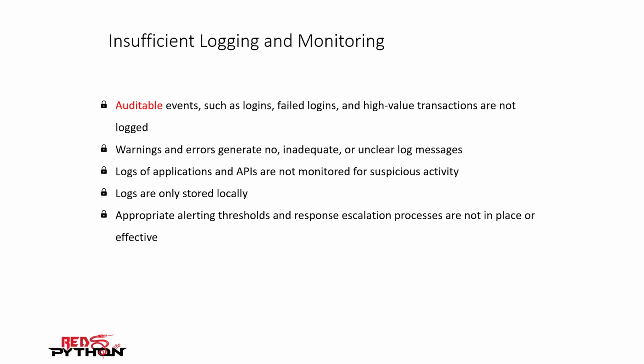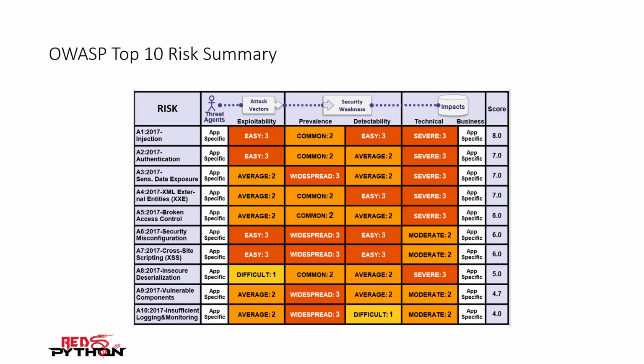So it is very important to make sure that we're auditing the right events, and that the information we're getting from these auditable events actually makes sense. It is important as well to store the logs on a different server that is not accessible to the administrator, just to preserve the integrity of the logs.